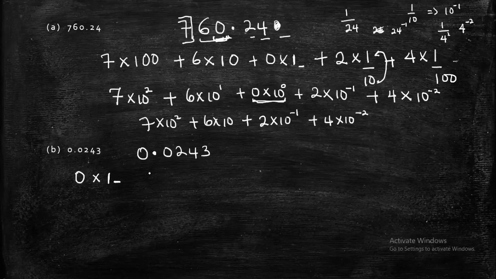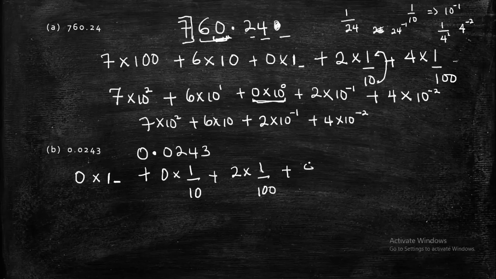Then plus 0 times 1 over 10 plus 2 times 1 over 2 zeros plus 4 times 1 over 3 zeros plus 3 times 1 over 4 zeros.